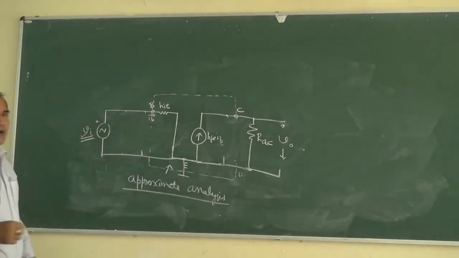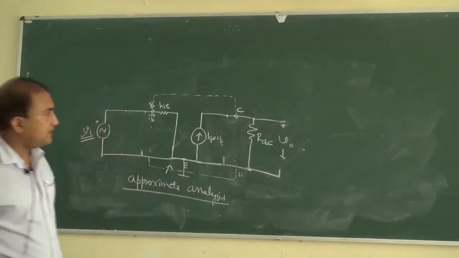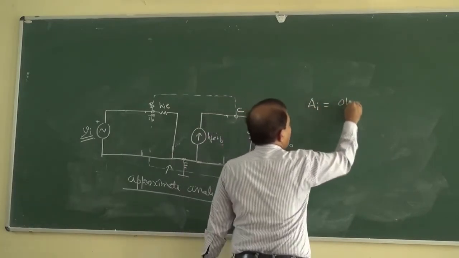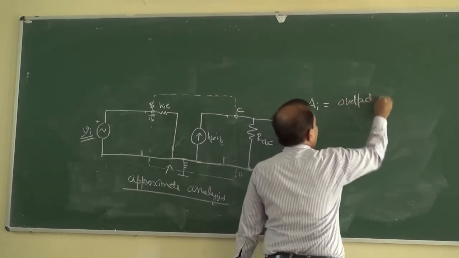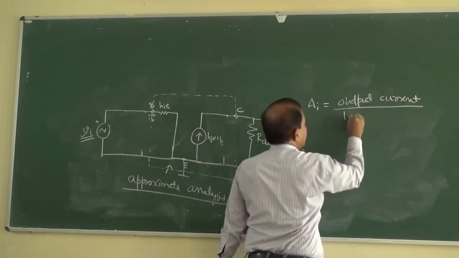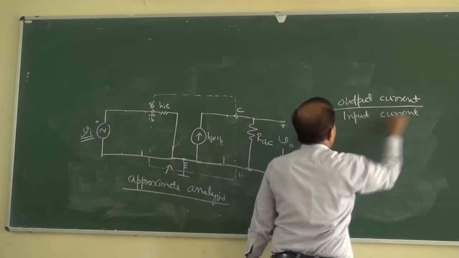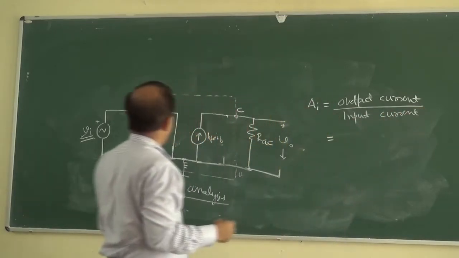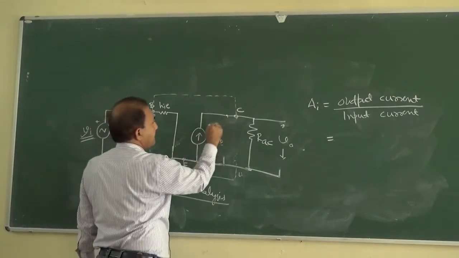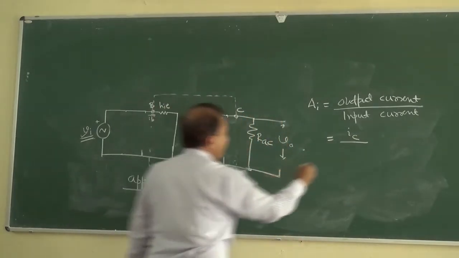Okay. Now how can we determine the current gain from this circuit? The current gain is equal to output current divided by input current. Output current is IC, divided by input current IB.